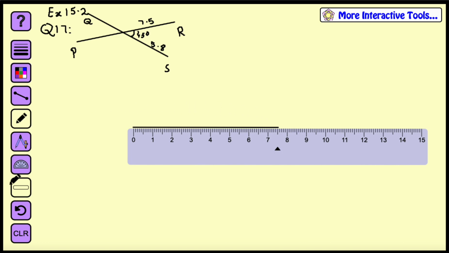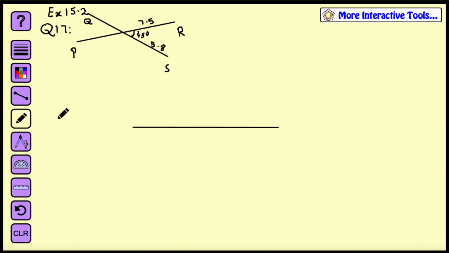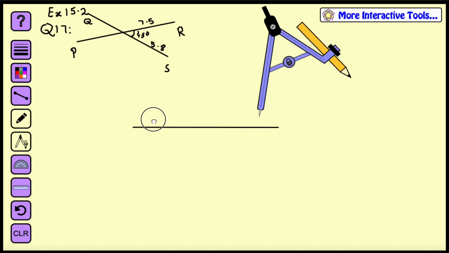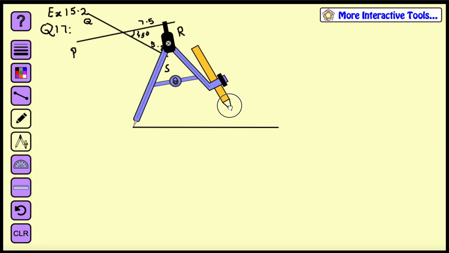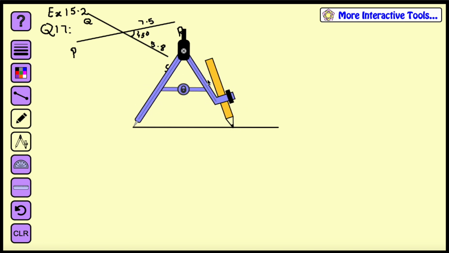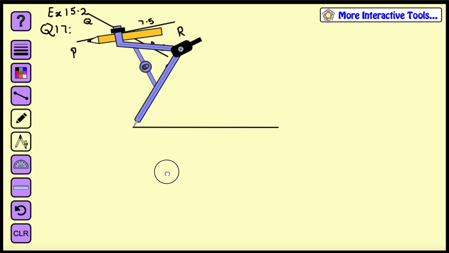Then after that, find the perpendicular bisector. How will you find it? Take more than half.